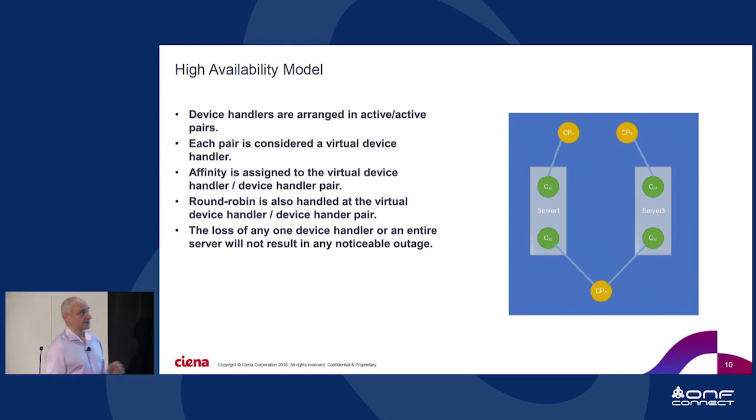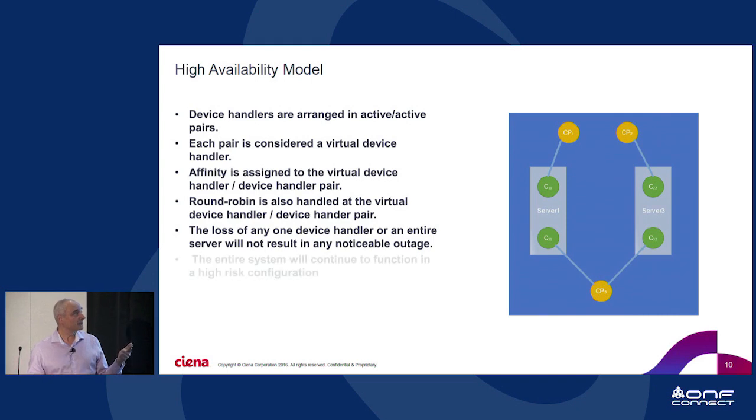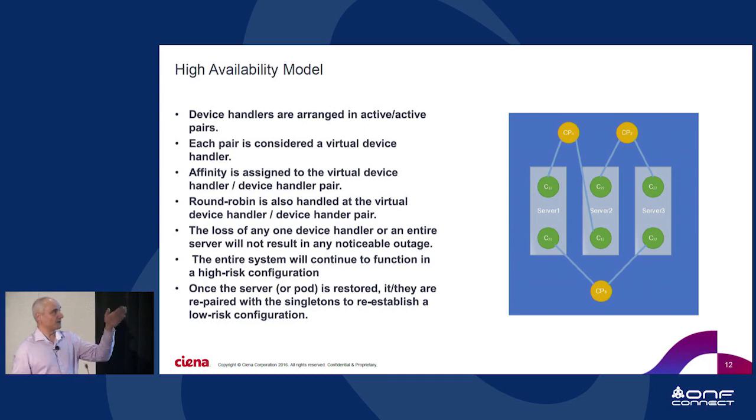And when the server or the core comes back, if a core is lost or a server comes back, the system will resume operating in a low-risk configuration. In other words, everybody will have an active-active pair.